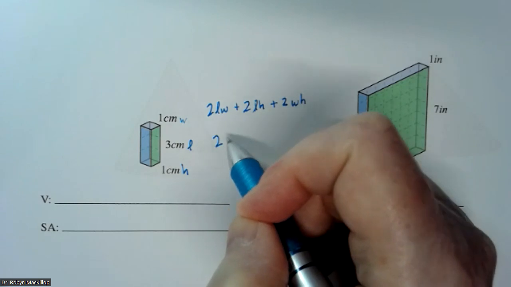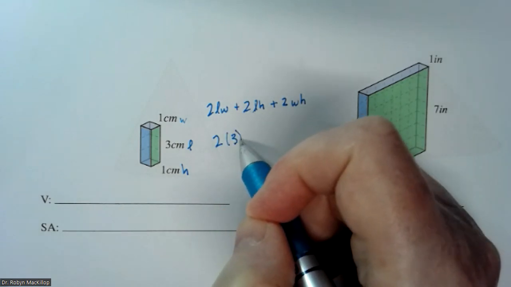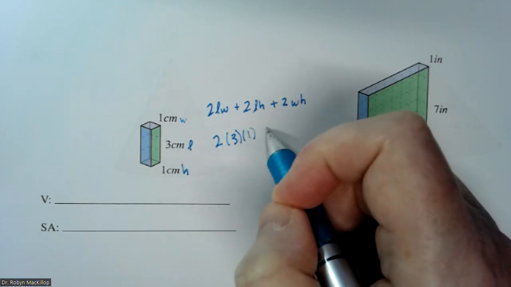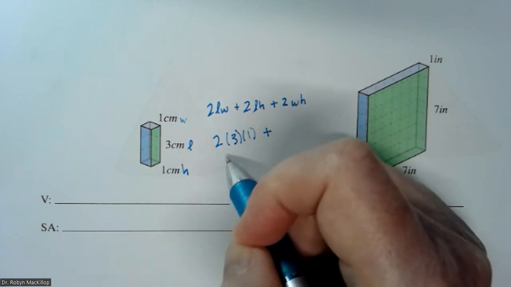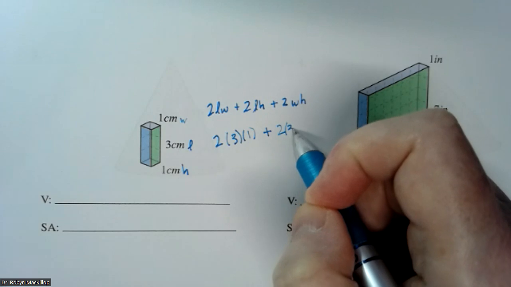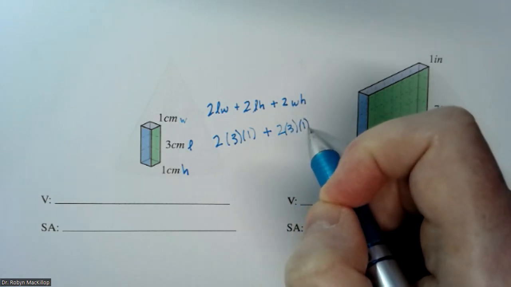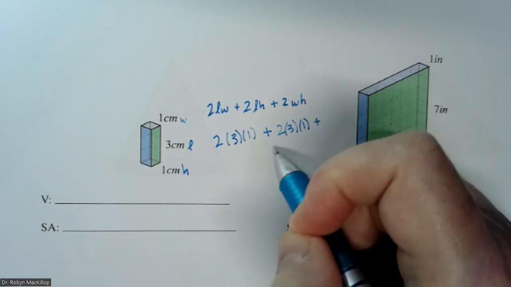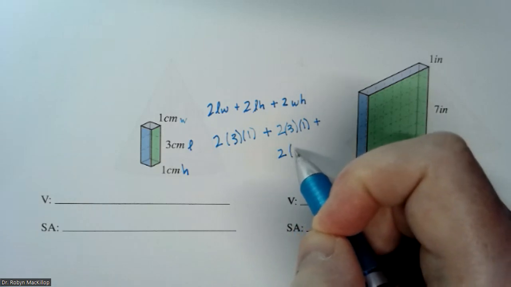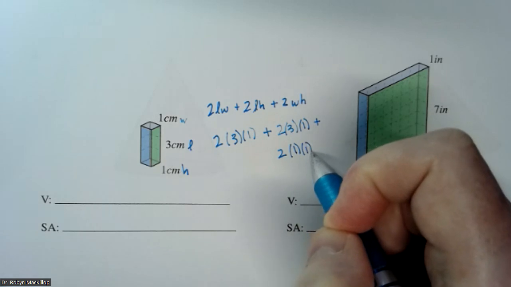So we've got 2 times 3 for length times width is 1, plus 2 times the length again times the height, also 1, plus, and I'm going to have to carry this down because I did not give myself enough room. Width is 1, height is 1.